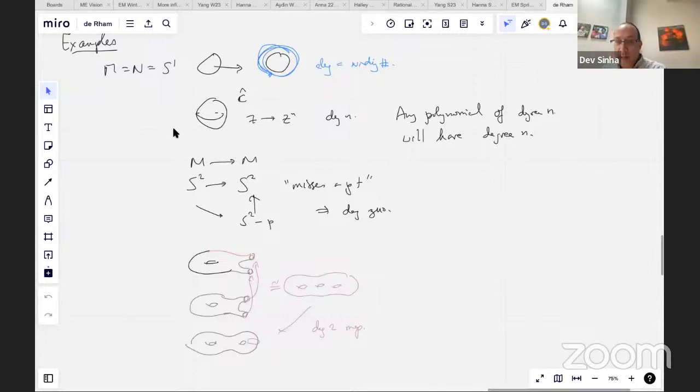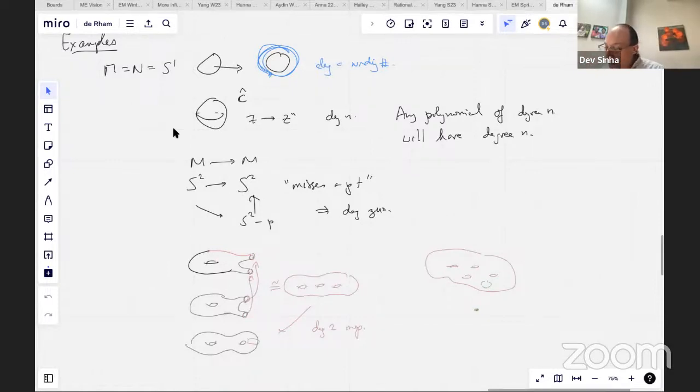What else? If I have any surface at all, very high genus, I could just take my favorite little ball, and the boundary of that little disk in the surface is going to go to 1 point.